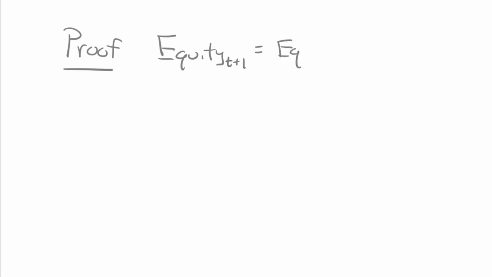So why is this? What connects growth to profitability? I'm going to prove it. So equity at t plus 1 is equal to equity, this is book equity, at time t plus retained earnings.